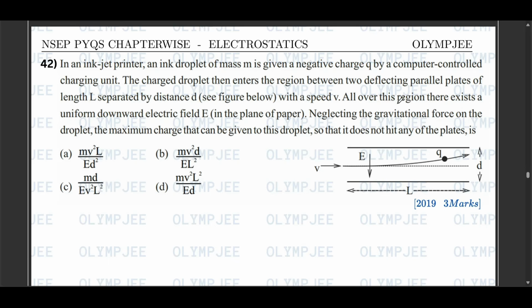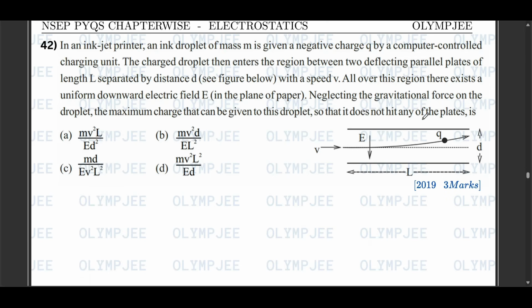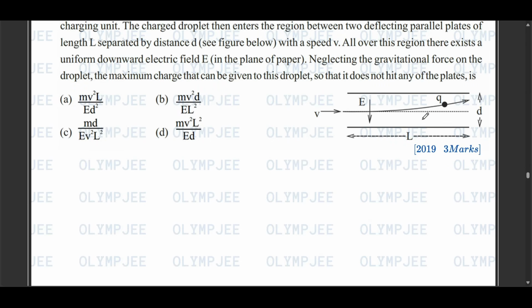Okay, so let me draw the free body diagram of q. So q will have an upward force because q is negatively charged, and it is moving with velocity in this direction. So the acceleration in the y direction will be given as qE divided by m.